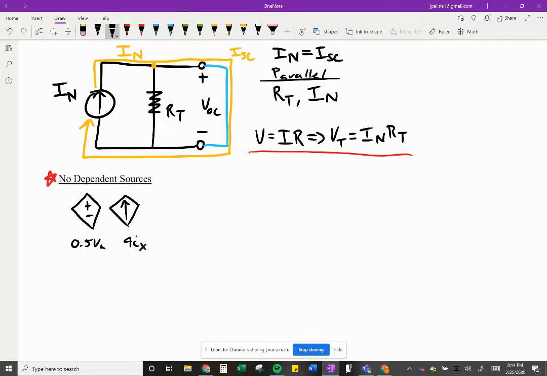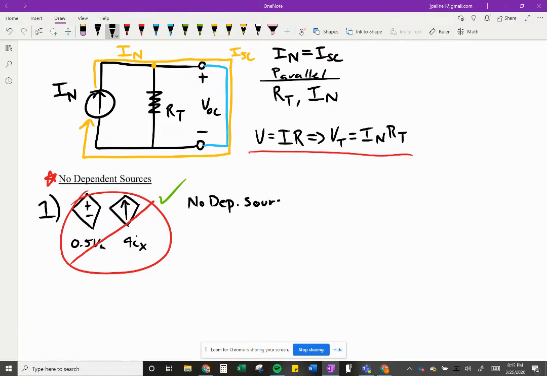So you see that the amount of whatever they're delivering is dependent on something else in the circuit. So step one is to identify if we have any of these. If we have any of these, we can't do it. But if there are none, so all right, no dependent sources. I'm going to shorten dependent with DEP.